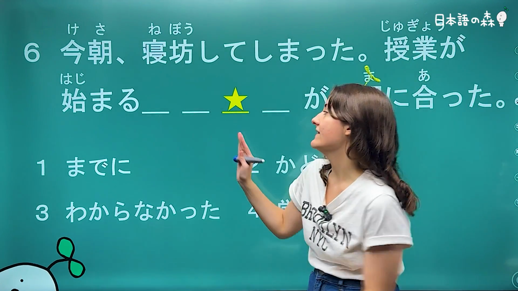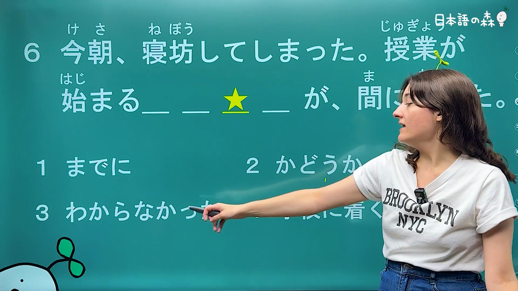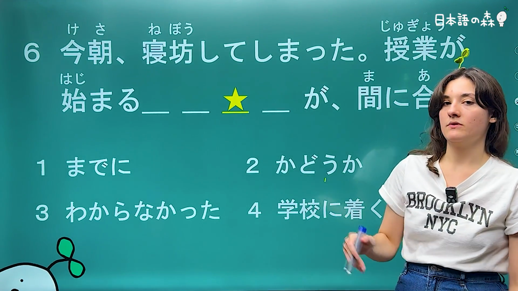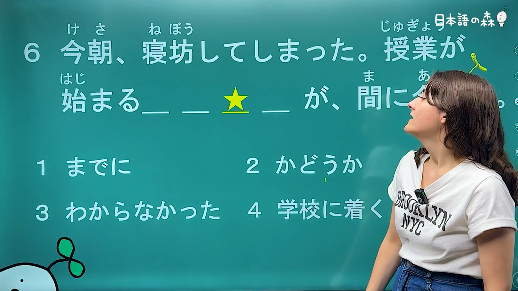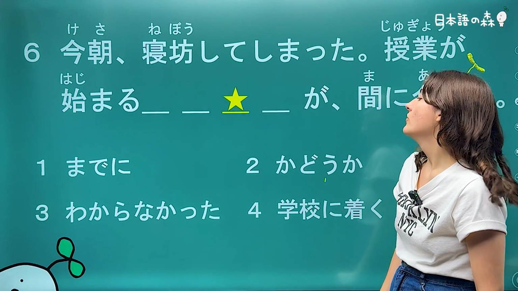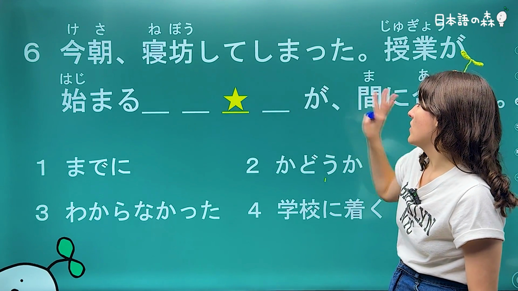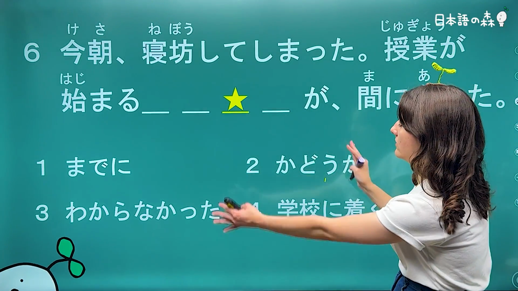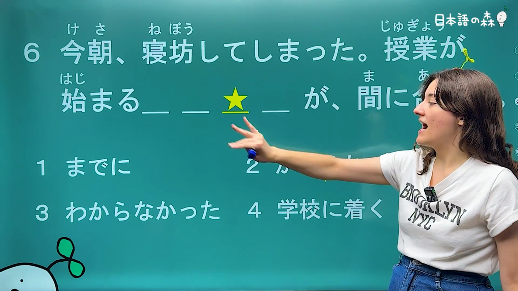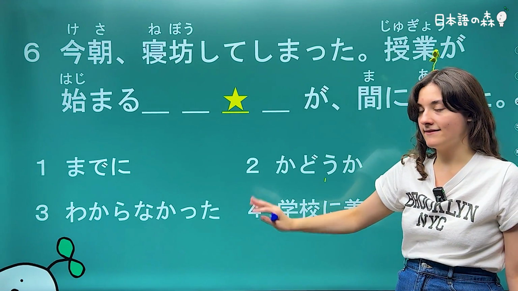It's embedded in the sentence. わからなかった. I didn't know. 学校に着く. Arrive at school. So, we have 授業が始まる. So here, just based on all of these little sentence pieces we have, we're probably trying to say I didn't know whether I'd make it in time for class.